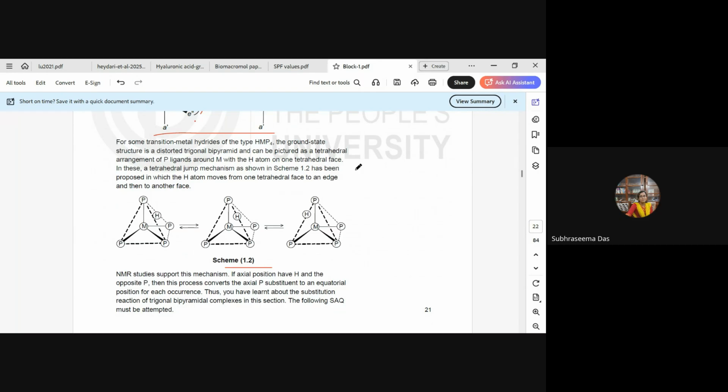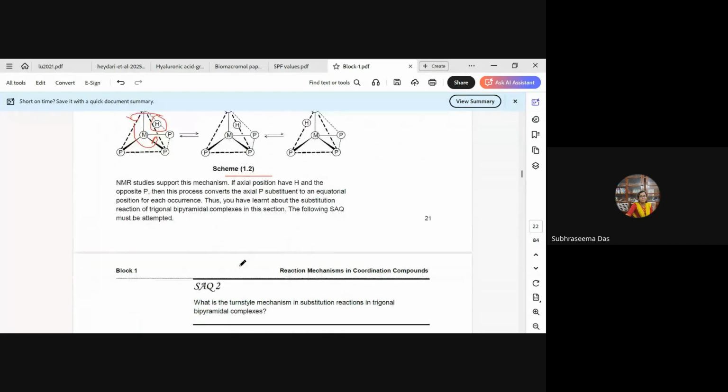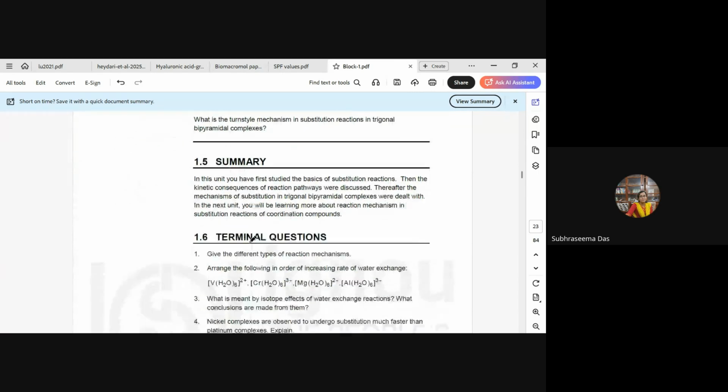It has been suggested where the H atom jumps from one tetrahedral face to the next, and then again to an edge, and how it moves throughout the different faces of the tetrahedron. Even NMR studies have shown that this is how the mechanism takes place in trigonal bipyramidal complexes.